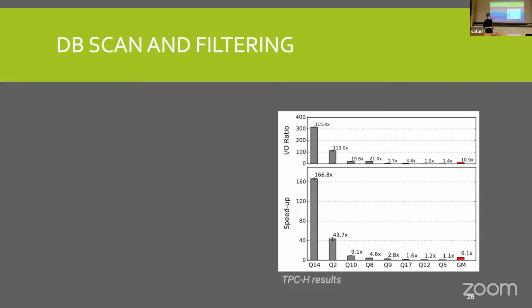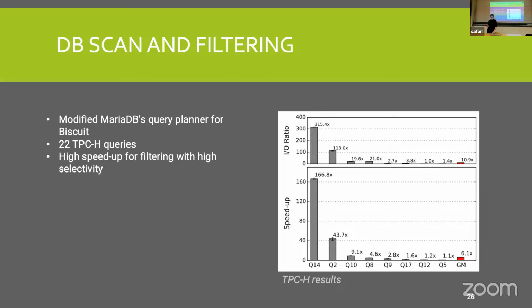So for the application, they decided to modify the MariaDB query planner. They ported the database first of all, and they modified the query planner such that certain tasks are offloaded to the SSD. They then ran 22 TPC-H queries, which is a typical benchmark.